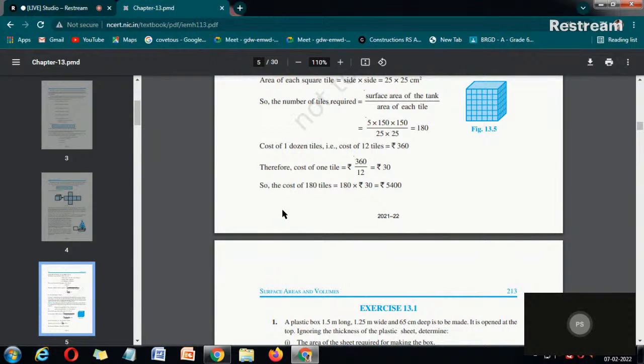The surface area of the tank is 5 into 150 into 150. The area of a square tile is again 25 into 25.